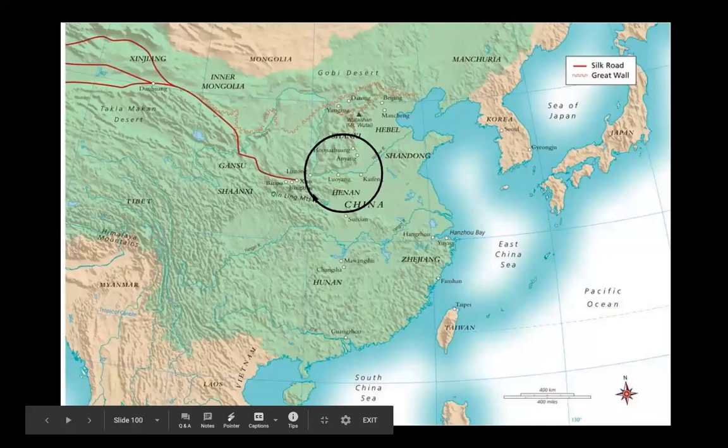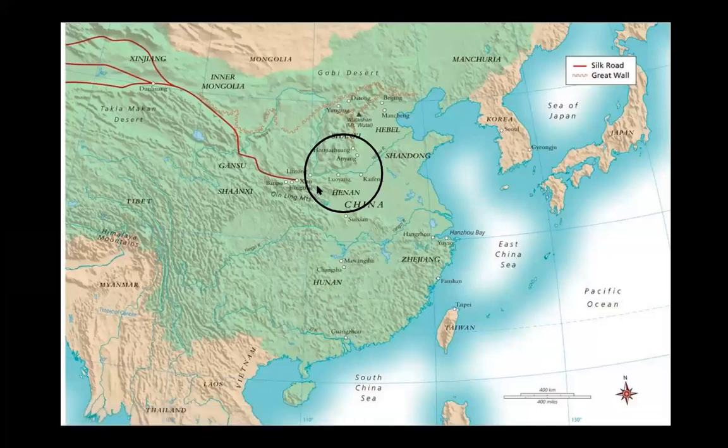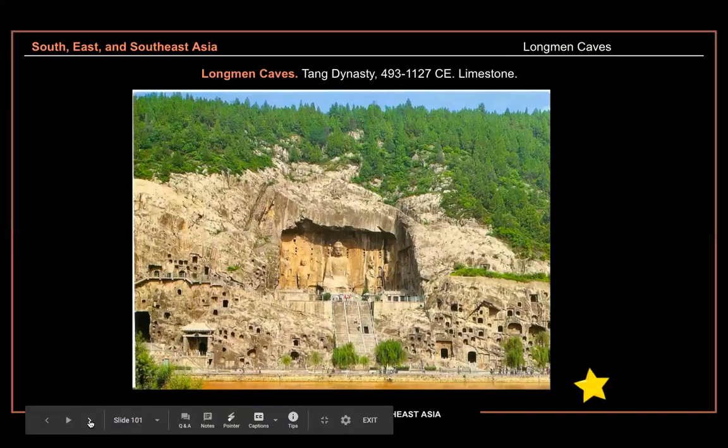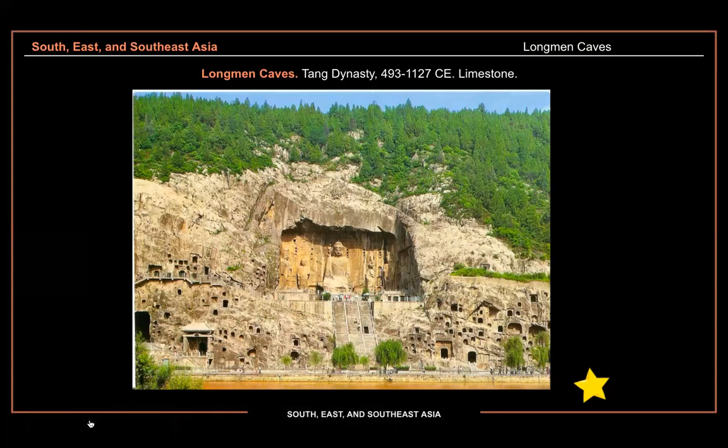So we're basically in Eastern China, or almost Eastern China, and we're once again at the merging of major rivers, right? And we're going to be looking at the Longmen Caves. These actually were constructed over time, but the images that they've included in the 250 are from the Tang Dynasty. So we're going to date them as the Tang.